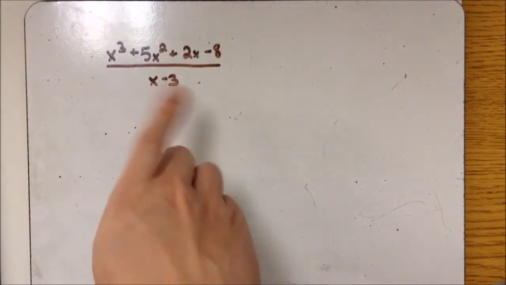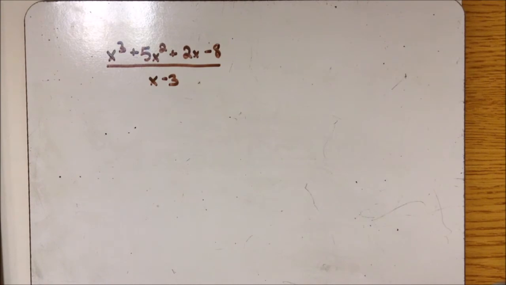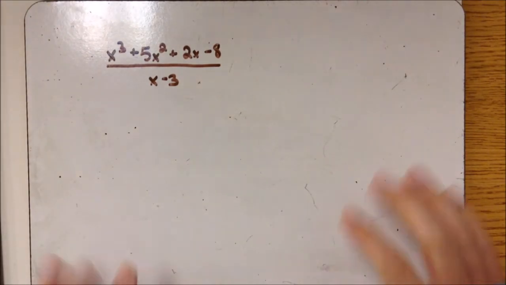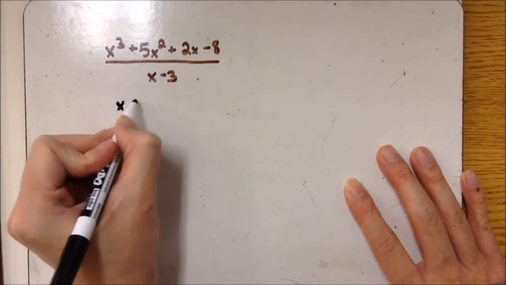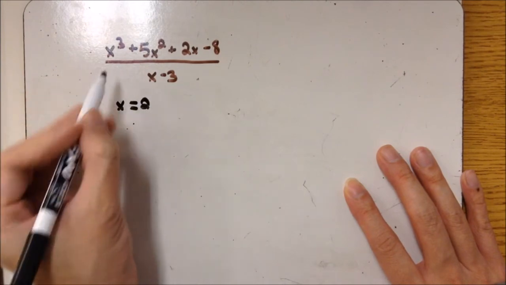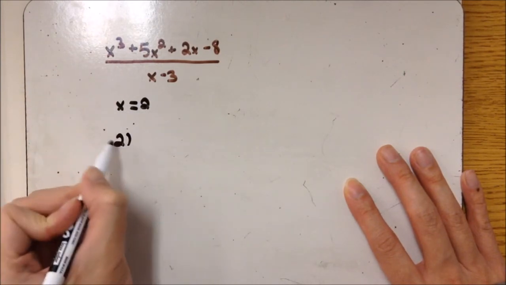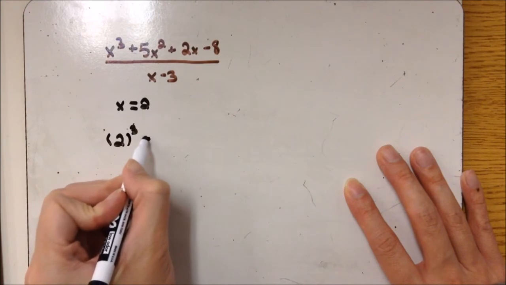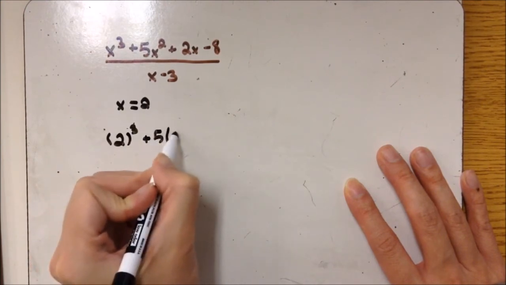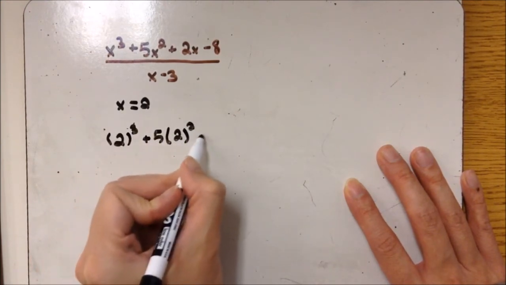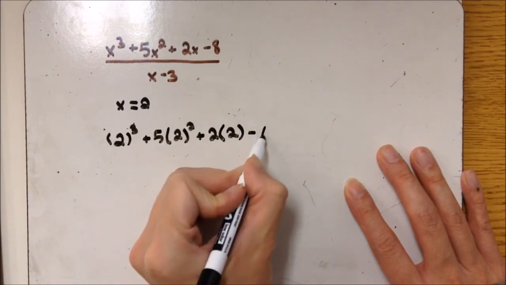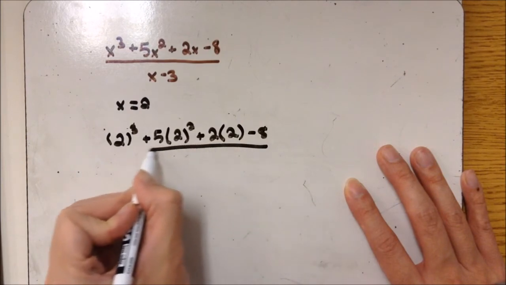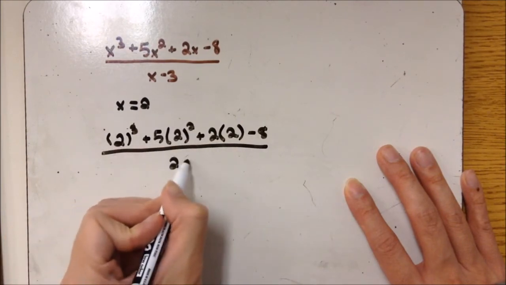We're going to plug 2 into all the x's. And of course, you have to follow PEMDAS carefully. So 2 to the third power plus 5 times 2 squared plus 2 times 2 minus 8 over 2 minus 3.